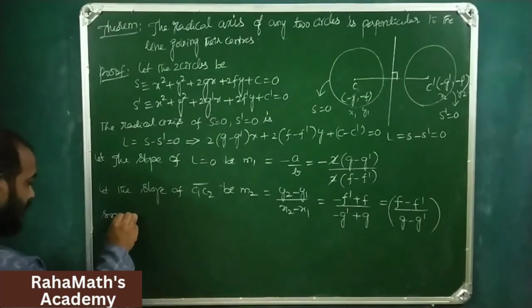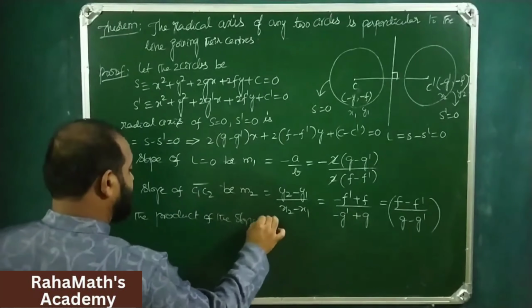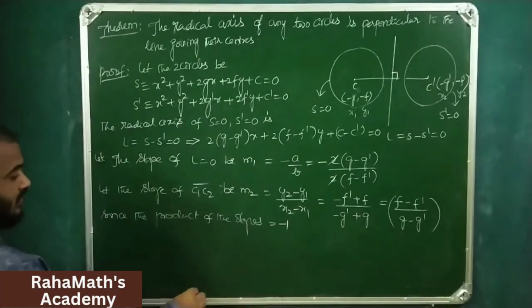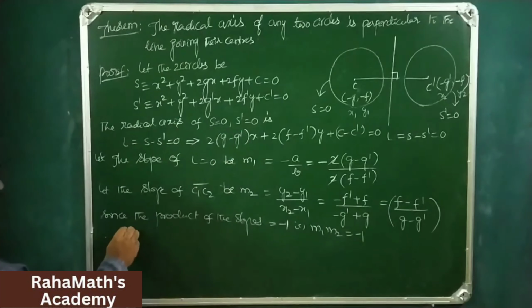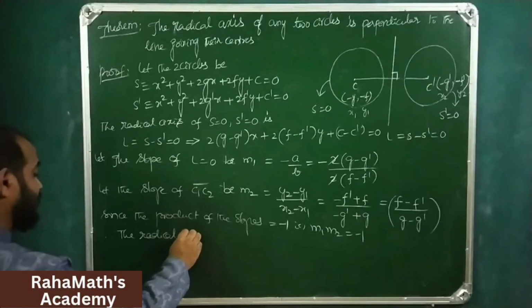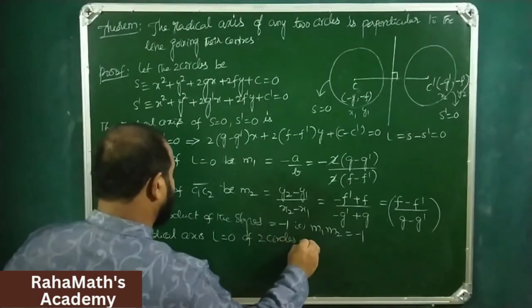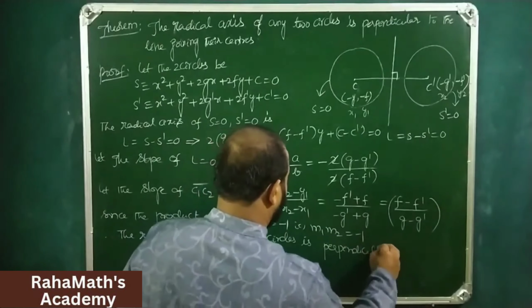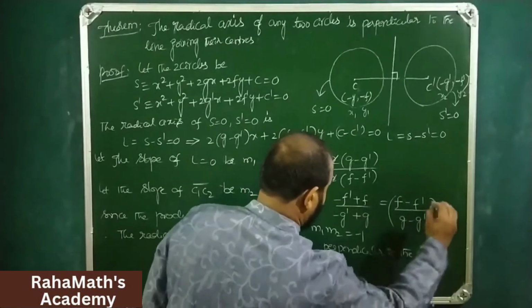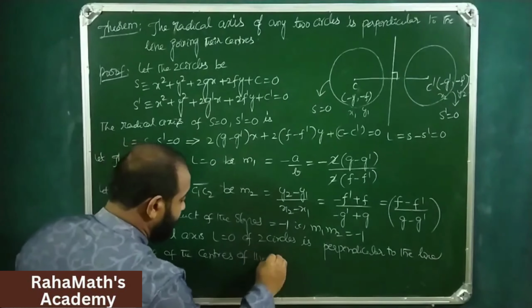Since the product of the slopes is equals to minus 1, that is m1 m2 equals to minus 1, therefore the radical axis L equals to 0 of two circles is perpendicular to the line joining the centers of these circles.